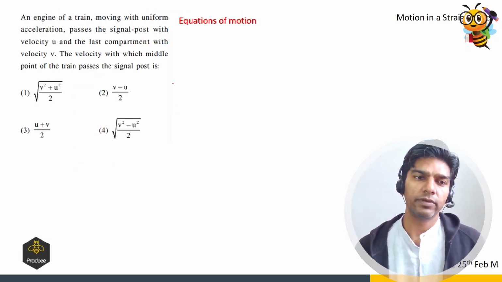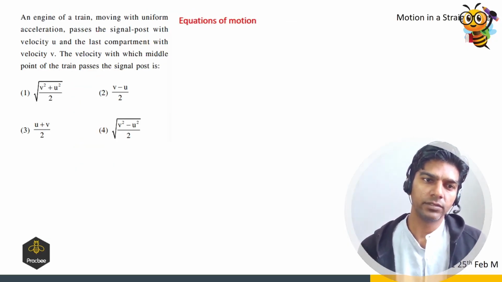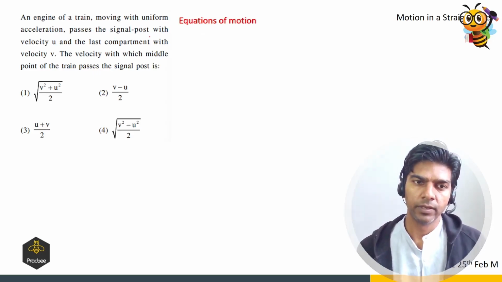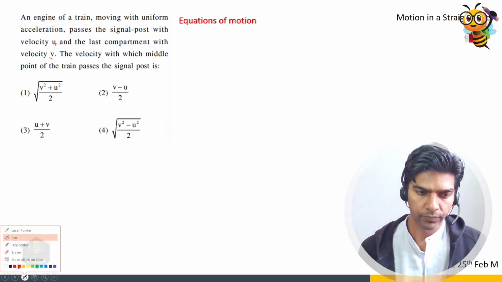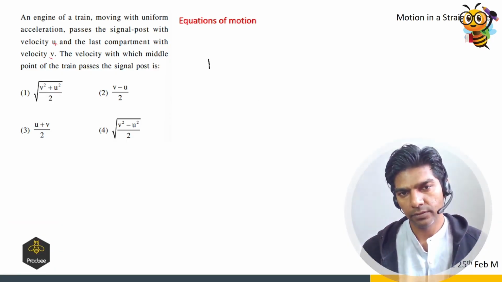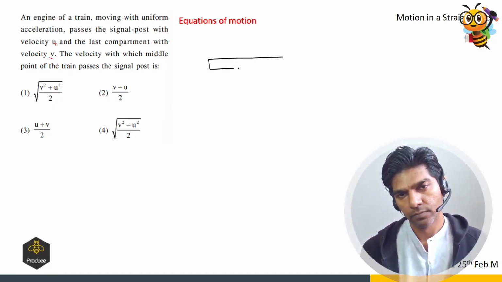An engine of a train moving with uniform acceleration passes the signal post with velocity u and the last compartment with the velocity v. So what we have given, there is a train. This is the front end and this is the rear end.